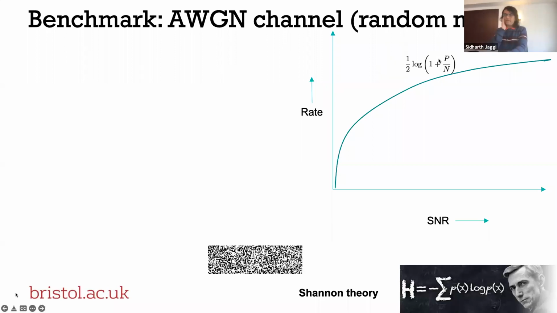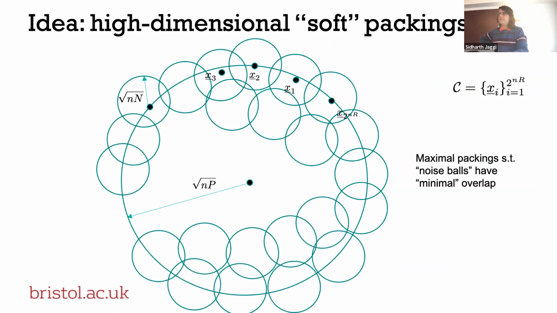And at its core, it's a fairly nice geometric argument. It basically says, if you choose random noise balls of radius square root of Nn, if you transmit some X, then the noise ball around that transmitted X will look sort of like this. Shannon theory at its core, in many scenarios, comes down to soft packings of these balls in high dimensions.